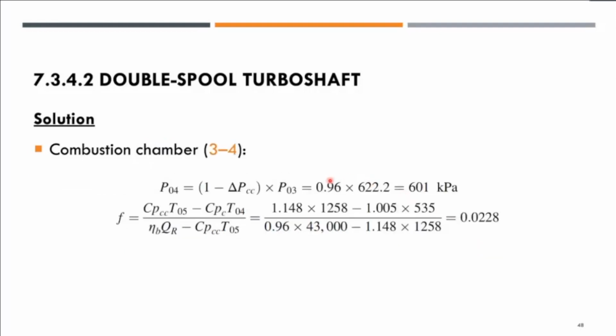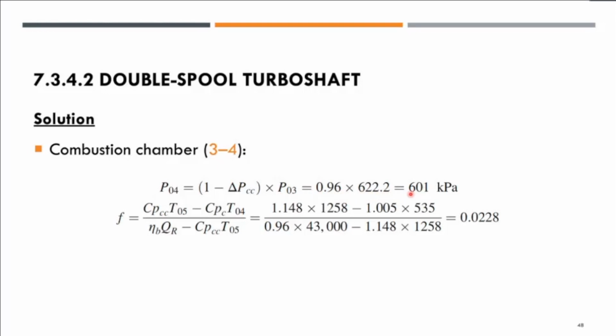Moving into the combustion chamber, you look into P04. You want to find P04. You already know that there is a pressure drop at the combustion chamber, so you have to take that into account, basically times the P03.